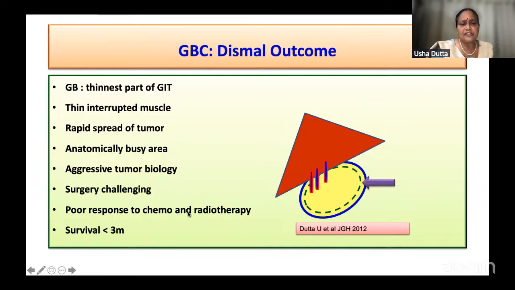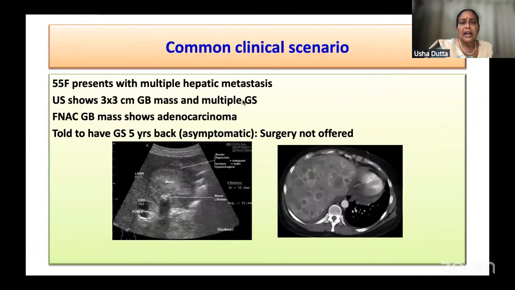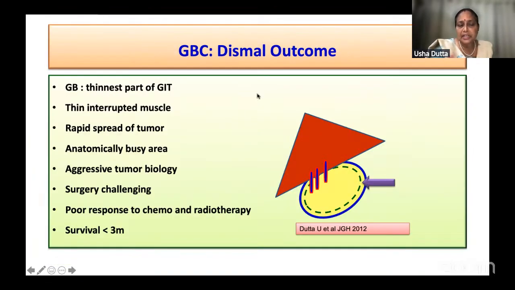It has an aggressive tumor biology. Surgery is challenging, and there's poor response to chemoradiotherapy, with a survival of less than 3 months. And this 3 months, I would say, is because a large number of our patients present with stage 3 or stage 4 disease. Obviously, the younger ones, the ones with incidental gallbladder cancers and T2 lesions, may have a better outcome.